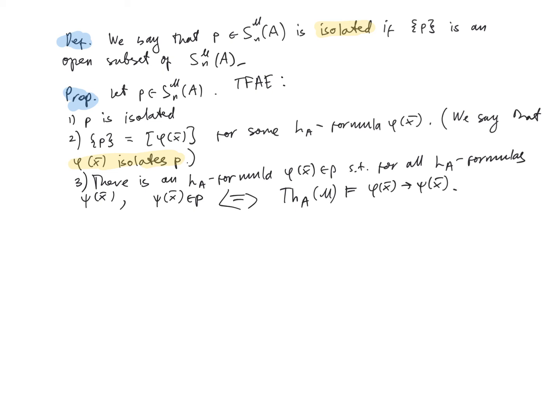So modulo the A theory of M, all formulas in the type p are implied by this one single formula phi in p, and vice versa.